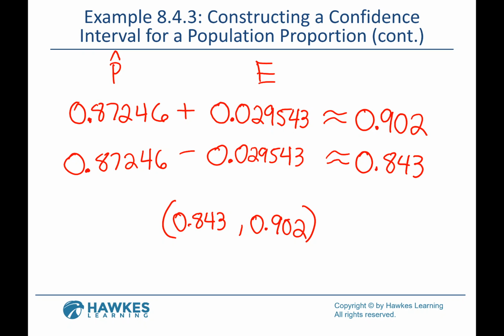That should be right. Sorry about that. At least you get to see math teacher messes up too, right? Okay. So now we're 90% confident between 84.3% and 90.2% of people think there's not enough parking. So that seems more reasonable.